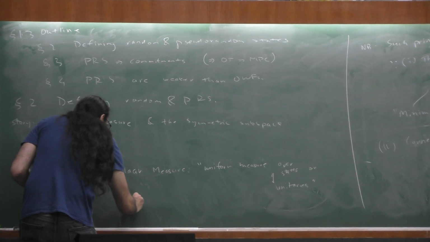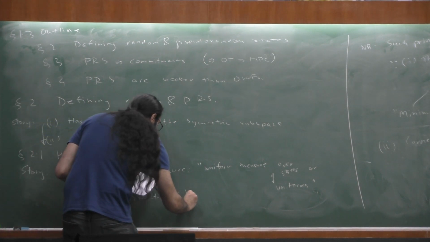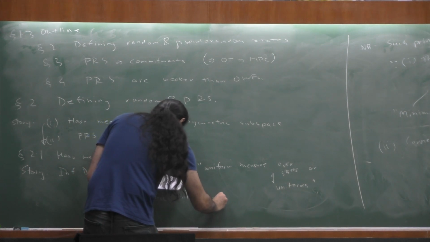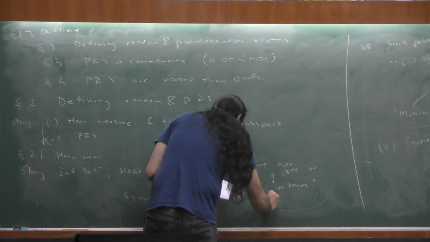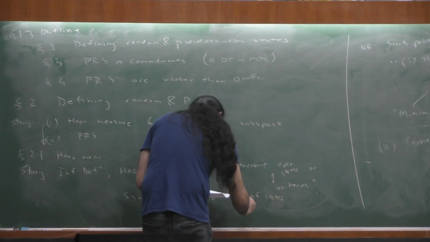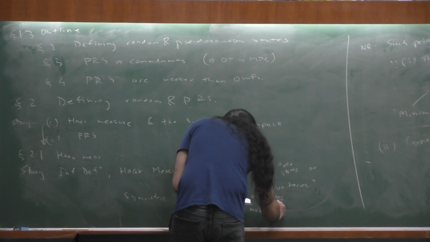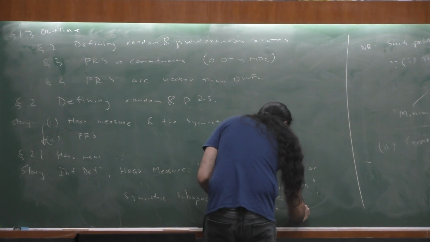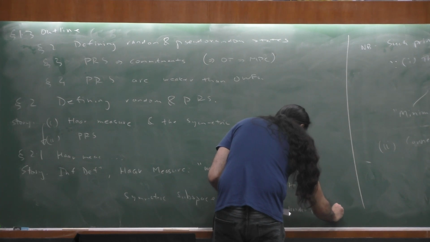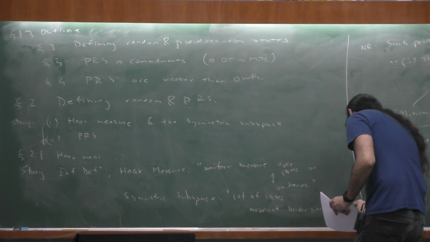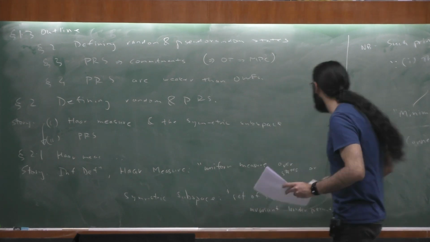And similarly a symmetric subspace, informally, is just a set of states that are invariant under permuting the registers.